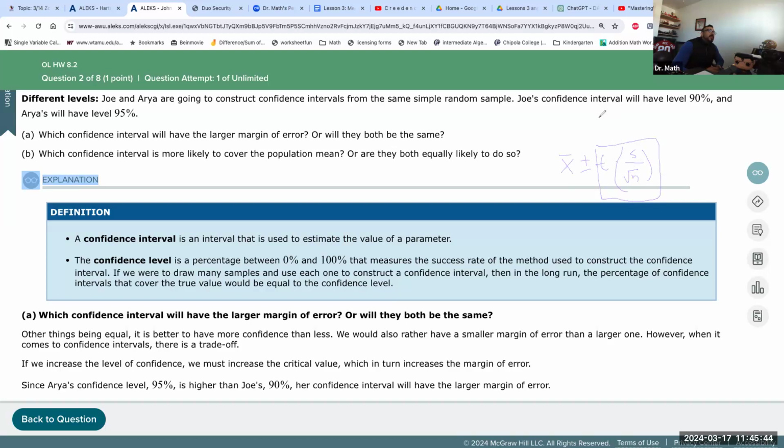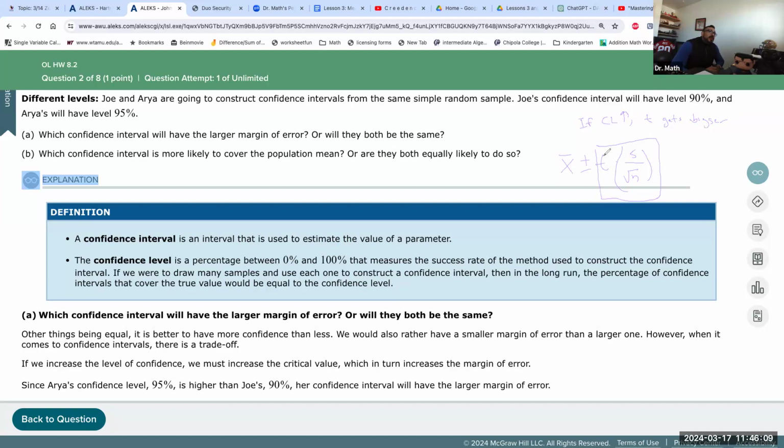So when you increase the confidence level, if CL, the confidence level, increases, what that means is this t value gets bigger. T gets larger.